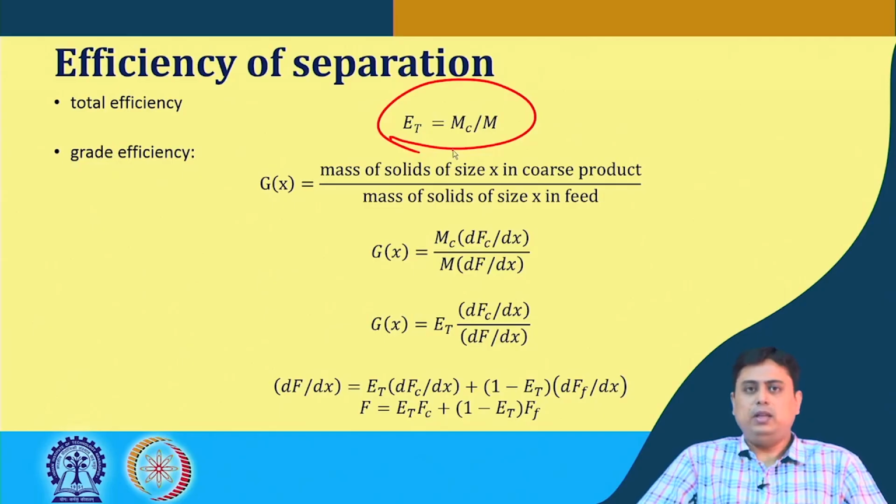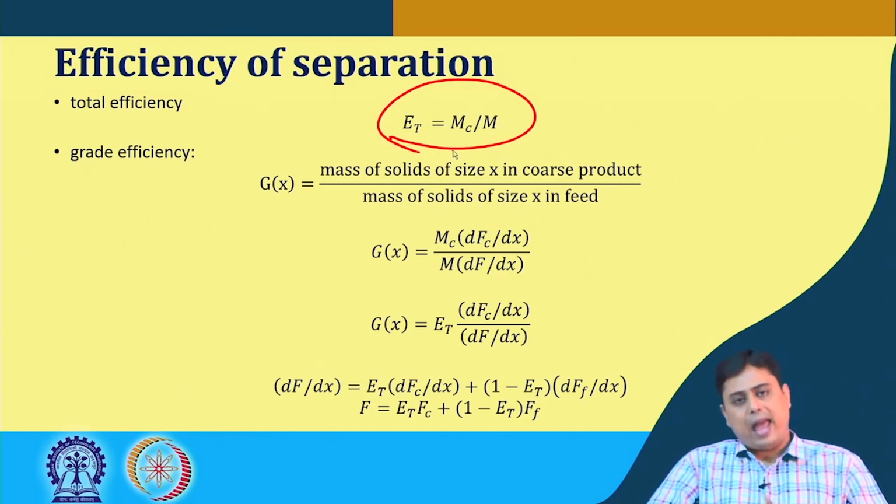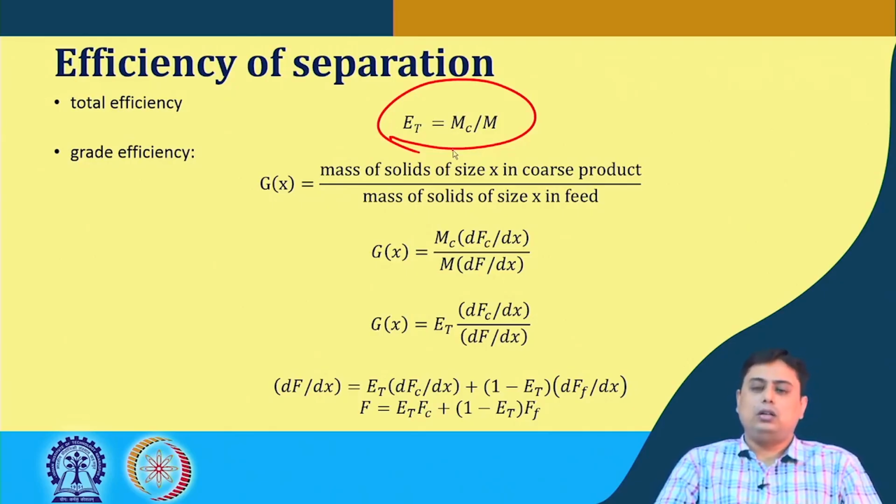So, what does this mean basically? It means that if you fix a particular particle size, say I need 15 micron size particles and above to be removed from this gas stream, your grade efficiency for that particular size has to be maximum, even if the total efficiency of the system is not near to whatever is desired.